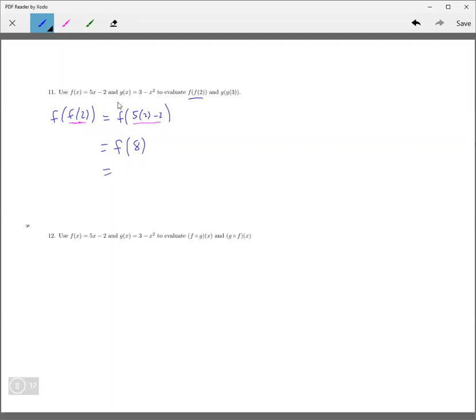And then you're looking at f of 8, so 5 times 8 minus 2. Then plug the 8 into here. So that's 40 minus 2, or 38. And g of f of 3.